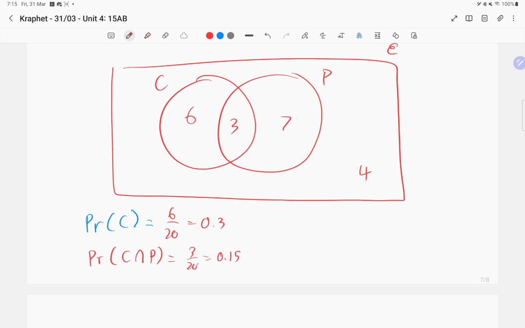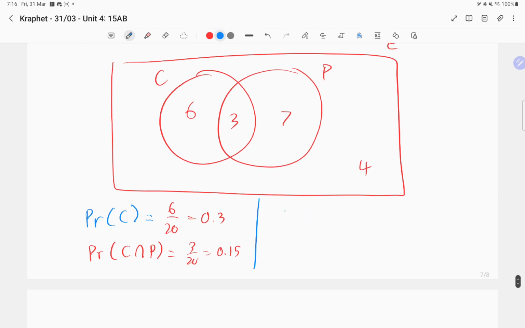Now, given that they do physics, what's the probability? So let's look at the conditional probability. Given they do physics, what's the probability that they also do chemistry? Based on this Venn diagram, what do you think it will be?